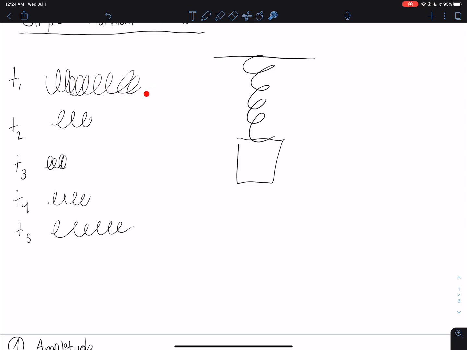This is the furthest our spring reaches. And this right here would be our negative amplitude. This is the smallest our spring gets.